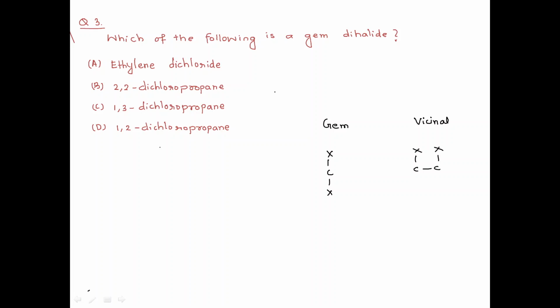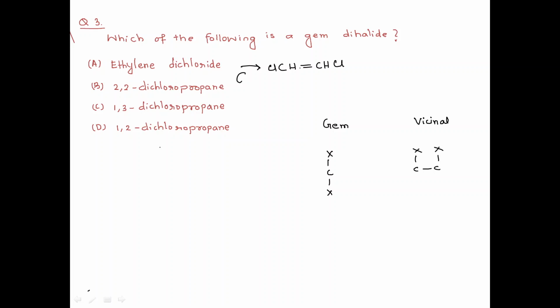So see, for ethylene dichloride, this is the structure of ethylene, CH3CH3 is ethane, so CH2Cl-CH2Cl. So that is the structure of ethylene dichloride, but you see that the two chlorines are at two adjacent positions, so that is not the case of a gem dihalide.